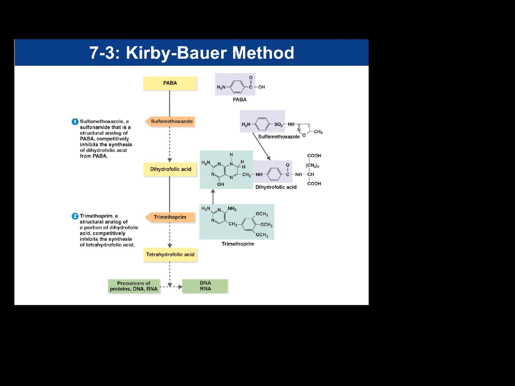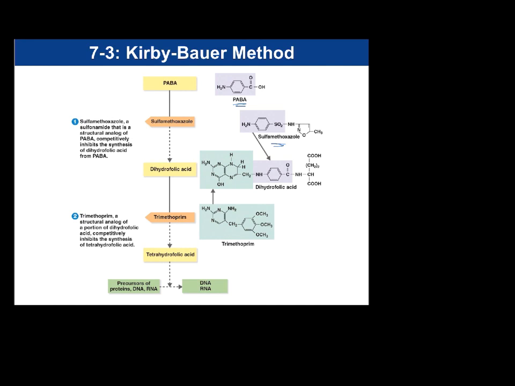Sulfa drugs are going to act as a competitive inhibitor. So refer back to our chapter on metabolism on competitive inhibitors. Sulfa looks very much like our PABA, and it competes for the active site of the enzyme that will produce dihydrofolic acid.